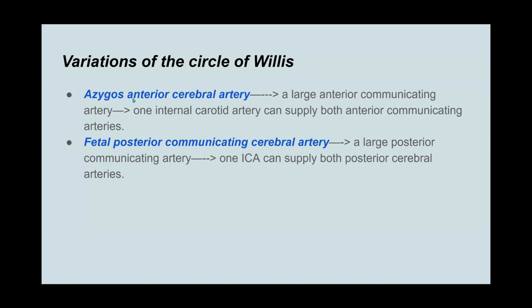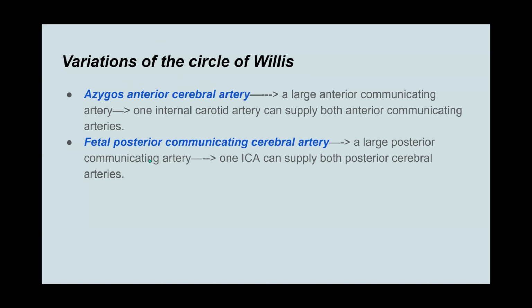Even though it's called the azygous anterior cerebral, not anterior communicating, which I felt it should have been called to avoid confusion, it's actually a large anterior communicating artery, which then means that one anterior cerebral artery may be sufficient to perfuse both the ipsilateral and the contralateral cerebral hemisphere.